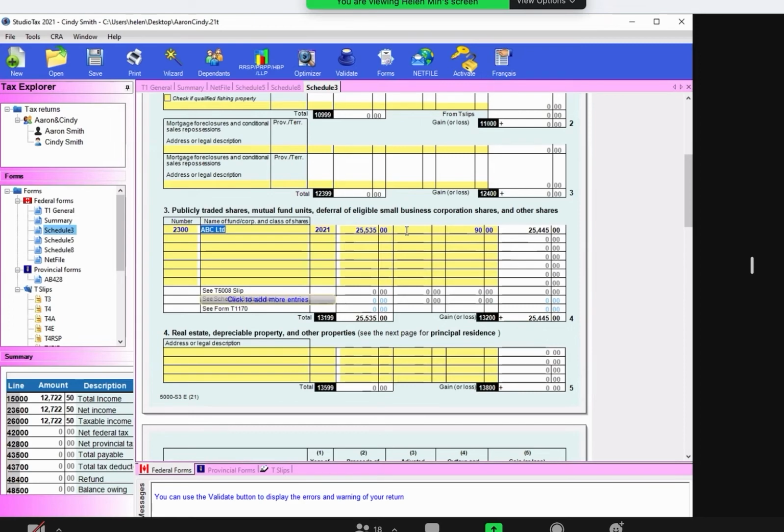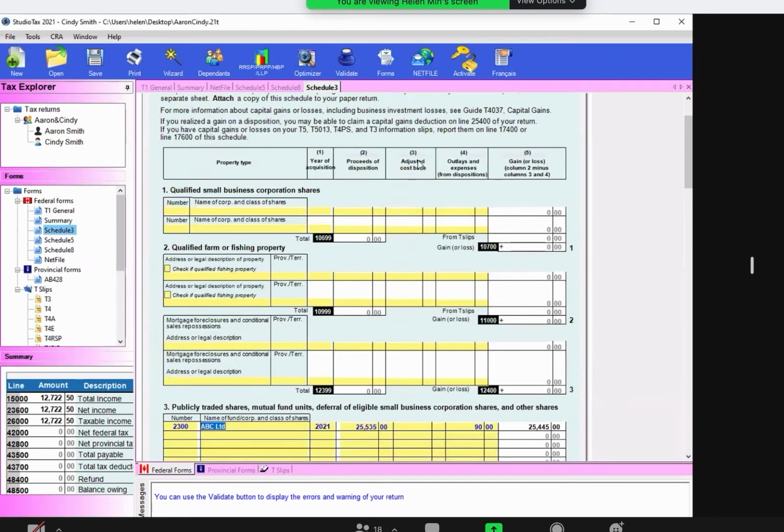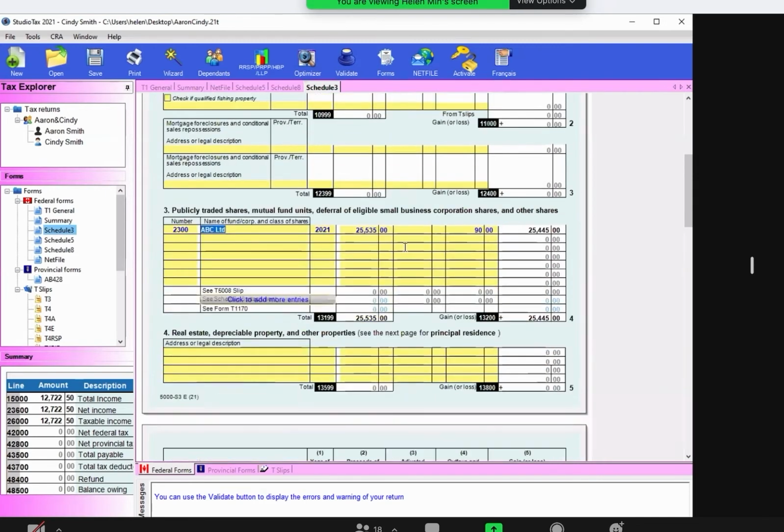Then the cost column, column 3, is the ACB, the adjusted cost basis. So the ACB is what you need to find out.